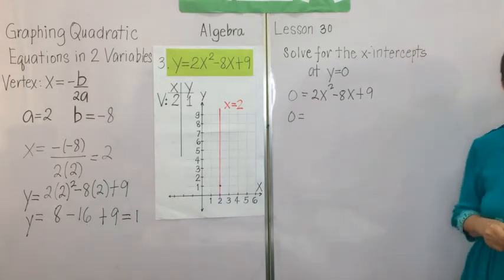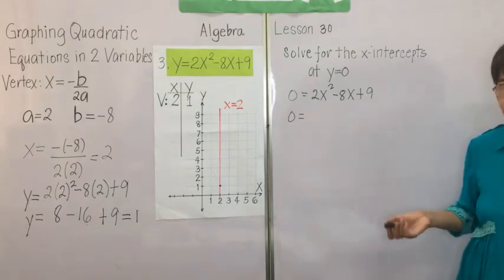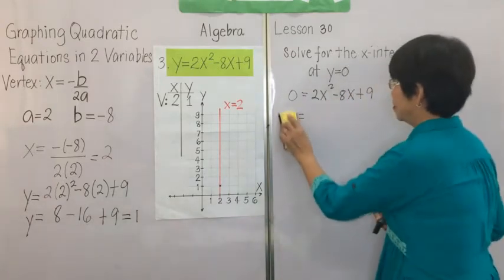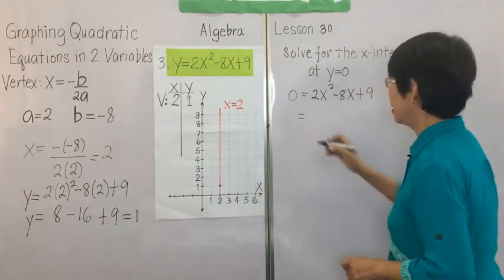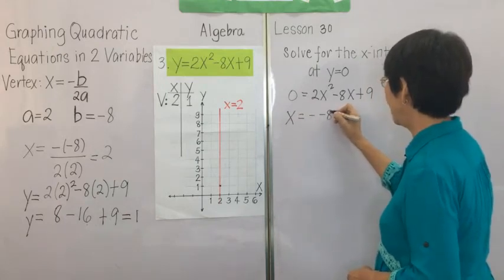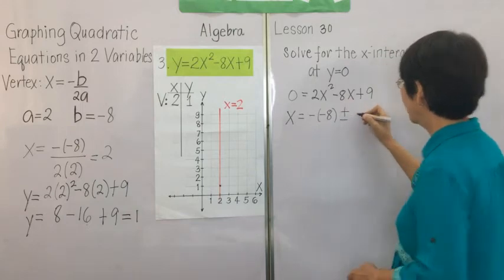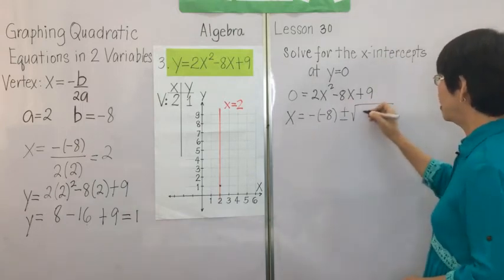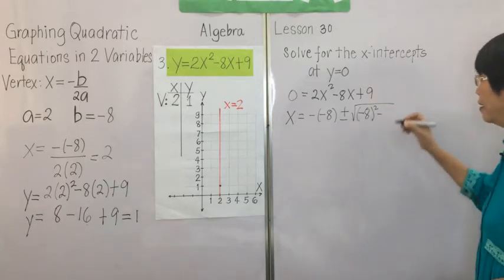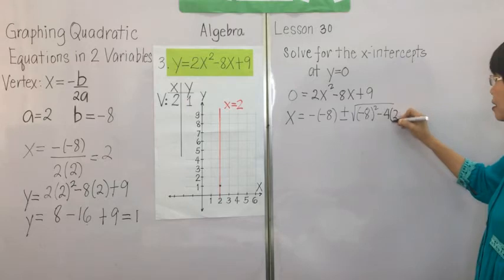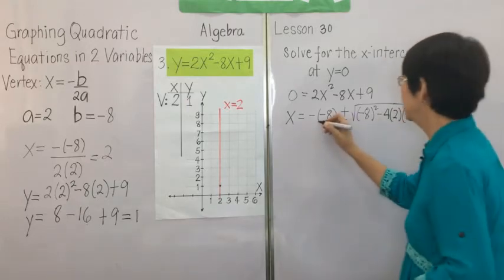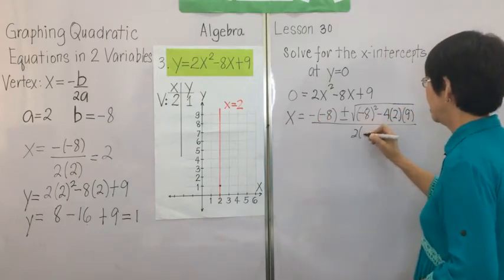I think this will be harder to factor, so we will use quadratic formula. Using quadratic formula, we have x is equal to negative b, negative of negative 8, plus or minus the square root of b squared, negative 8 squared, minus 4ac, all over 2 times a.